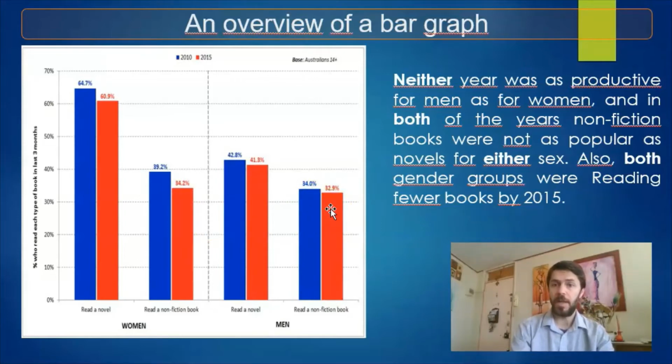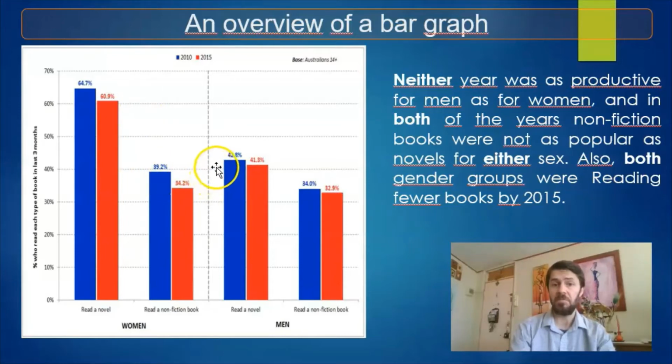All right, and also both gender groups were reading fewer books by 2015. Okay, so if you look, the red 2015 in each category is always lower than the blue 2010. Right, you can see that it decreased here for women in the novel category. For non-fiction, the same, it decreased.